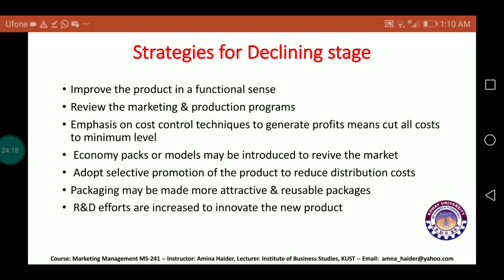You can go for reducing the number of distribution outlets that sell your products. You implement a price cut to get the customer to buy your product. Maintain the product and wait for competitors to withdraw from the market first.